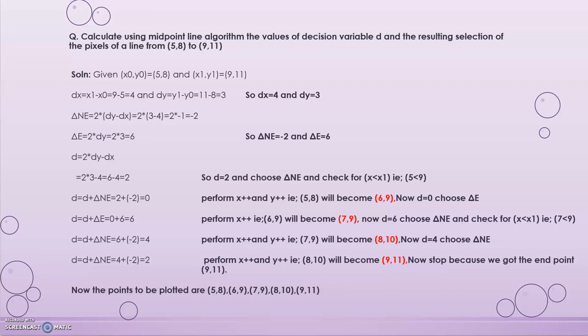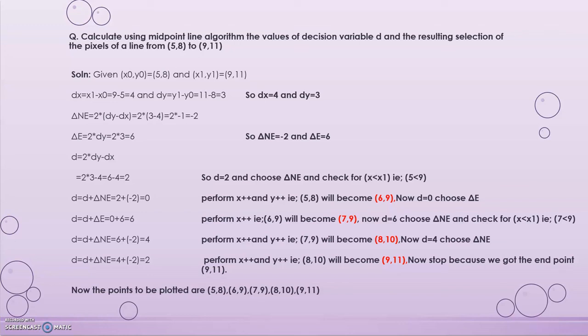Okay, now the new d is 6, so we have to choose delta NE, since it is greater than 0, and check for x less than x1, that is 7 is less than 9. So we can add delta NE to d, that is 6 plus minus 2. Now d becomes 4, and we'll increment x coordinate and y coordinate.